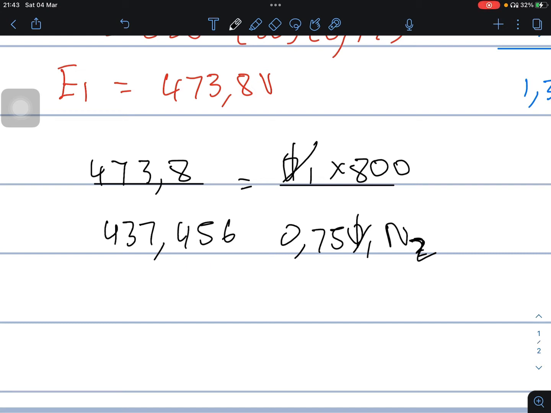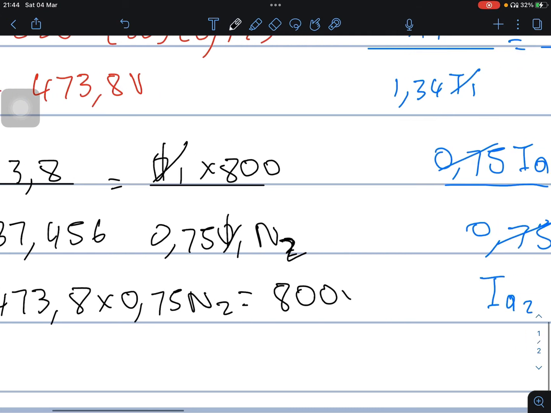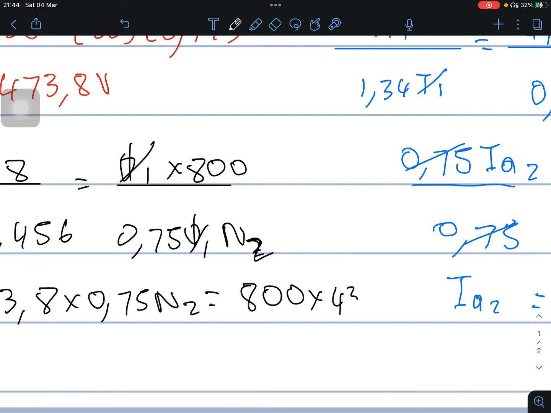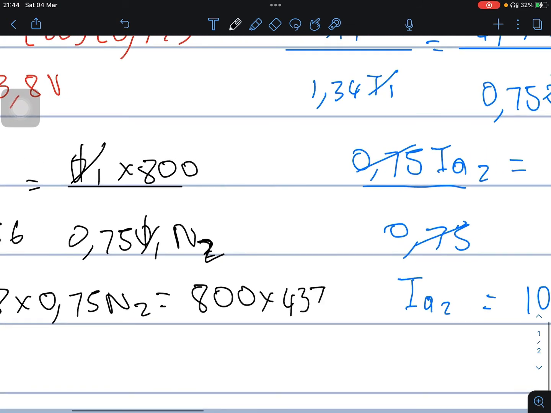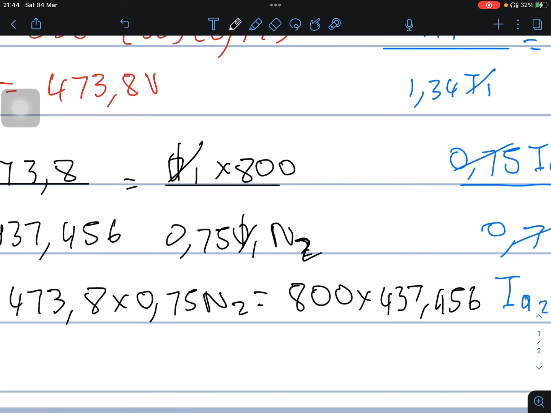We say 473.8 times 0.75 N2 is equal to 800 times 437.456, and then we can divide by this on both sides, which is 473.8 times 0.75.